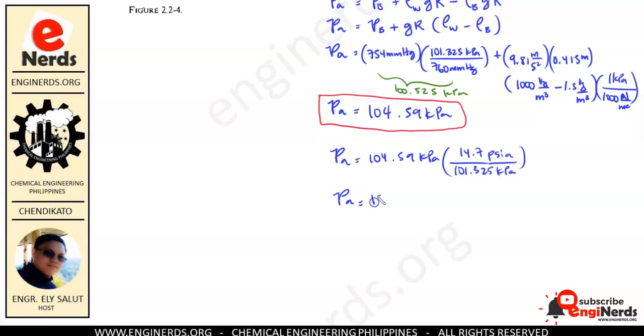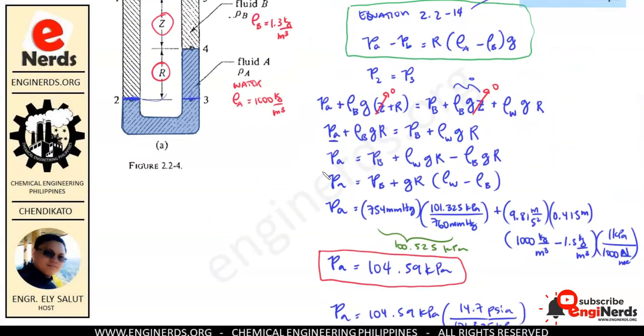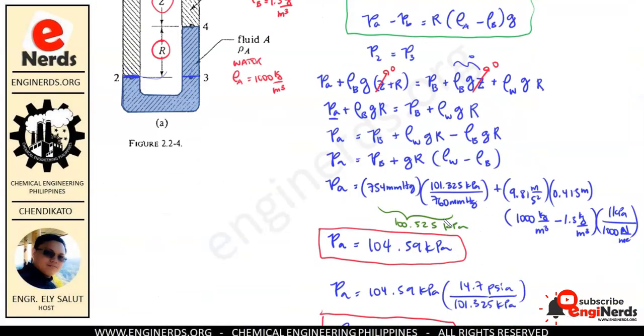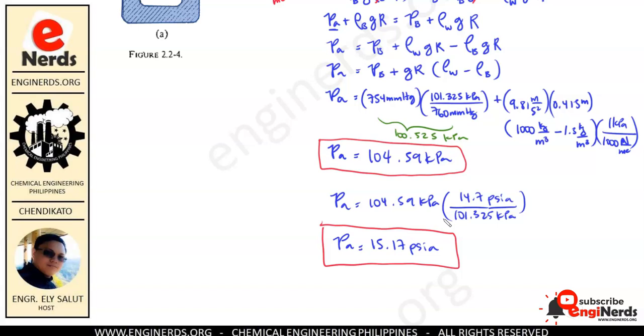This is equal to 15.17 PSIA, and this is our final answer. Let us check: is the answer above 15.17? And yes, this is equal to the given here. So therefore, our answer in this problem is correct.